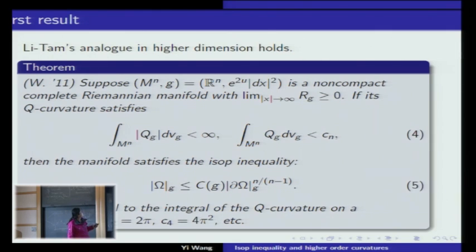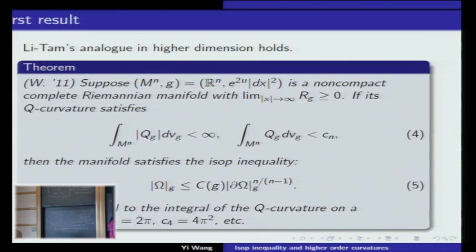So here's the first result. This is an analogous result to Lee and Tam's result in 2 dimensions, in higher dimension. Basically we need to assume this is within some conformal class of metrics. And then we're looking at Q curvature to replace the role of the Gaussian curvature.